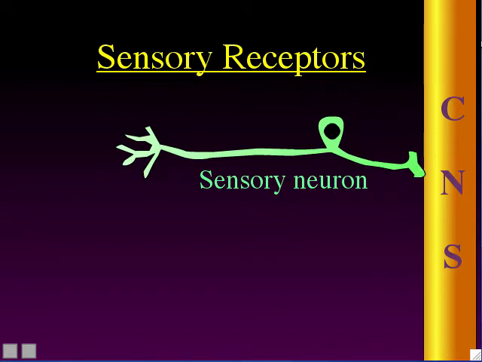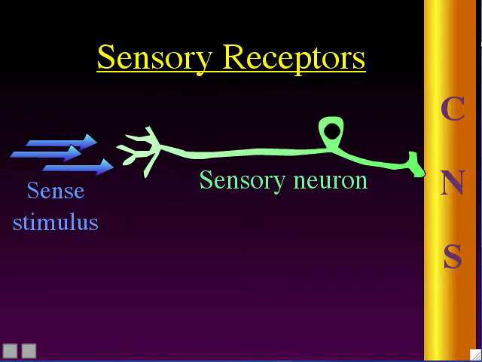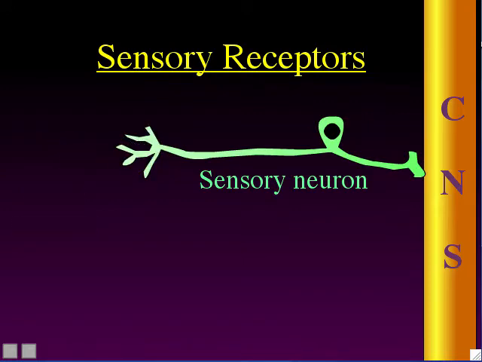Matter of fact, let's see that here. This right here is the sense stimuli coming in, and then the dendrites of the sensory neuron detect the stimulus. In response, a nerve signal, an action potential, is generated, and then that nerve signal is passed into the CNS, just like you see there.